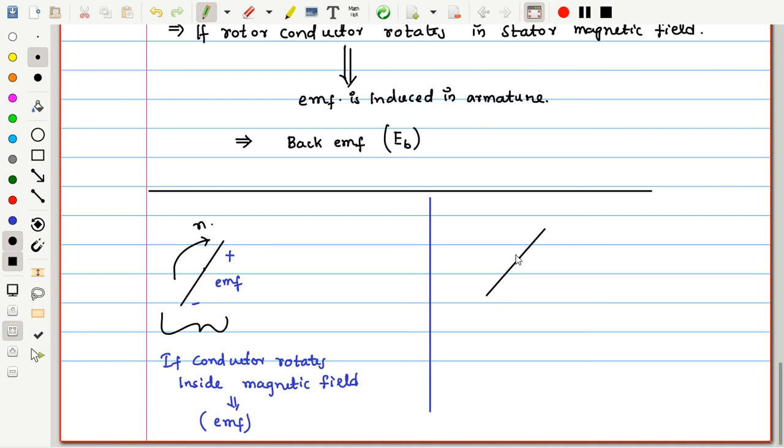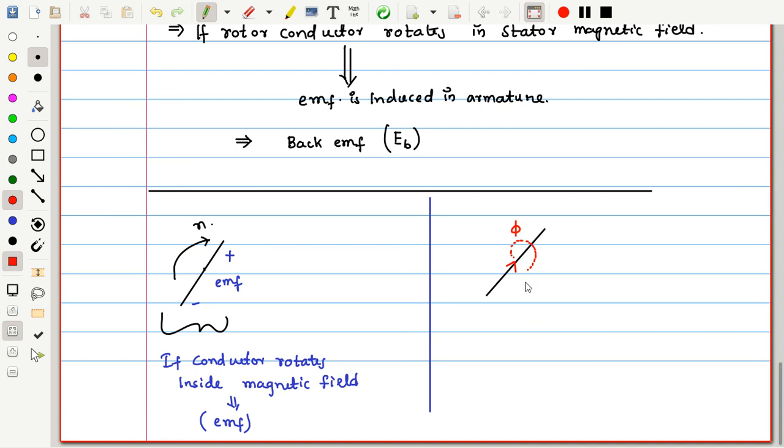A rotating conductor is carrying a current of I amperes. If a rotating conductor carries a current of I amperes, around the conductor it establishes flux.